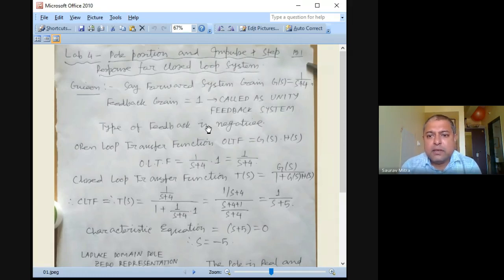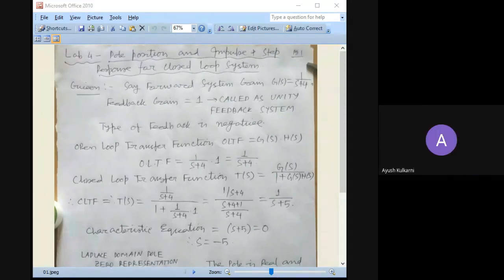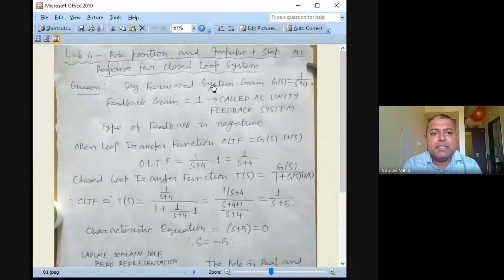Yes, sir. In this I have written the title, and the forward system gain G(s) equal to 1 by s plus 4. Whenever asked in an exam, G(s) and H(s) should be given to you.